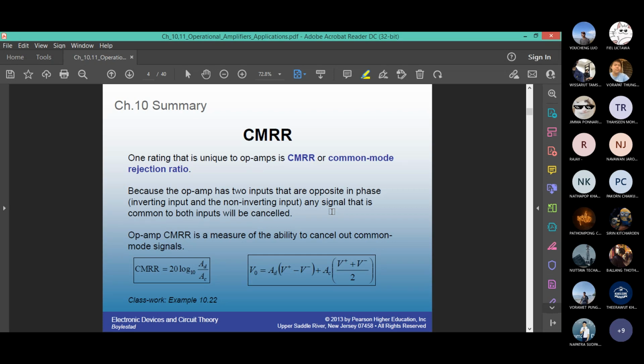Let's say you have a sine wave input, that is your signal. You want the sine wave to be amplified properly. But if there are harmonics in the signal, let's say it's not purely sinusoidal, or second, third, fourth components of the basic frequency, that is unwanted. Any unwanted signal is called noise.